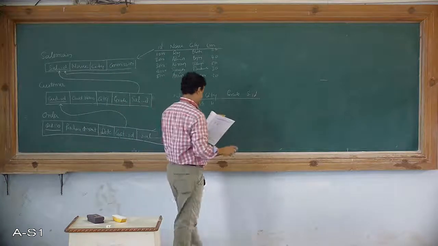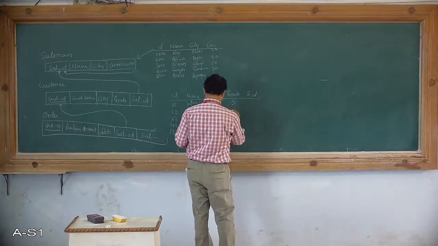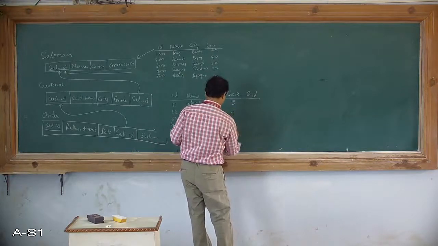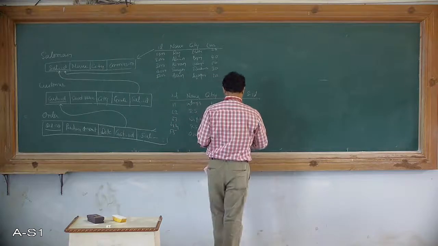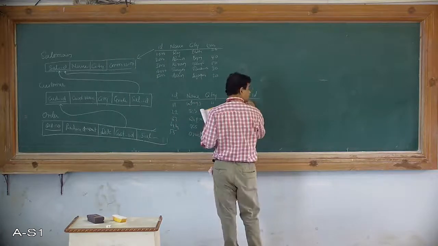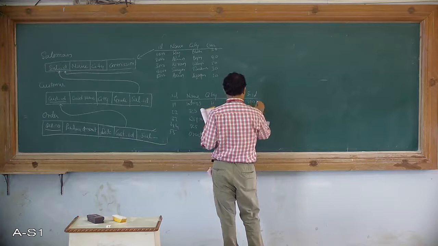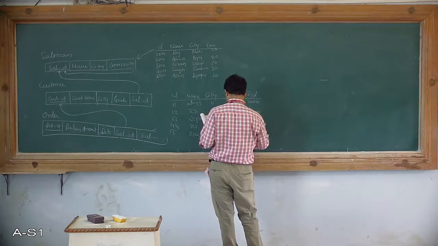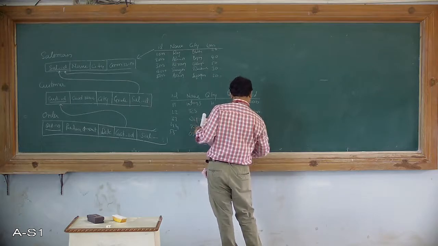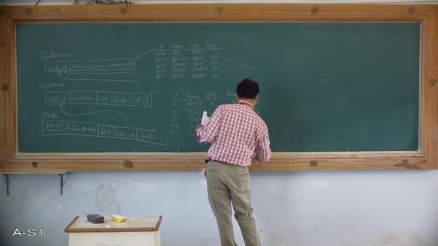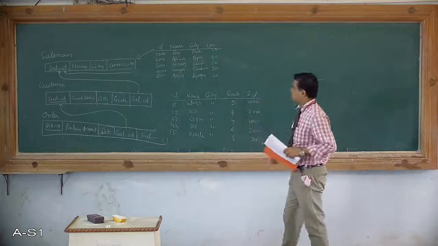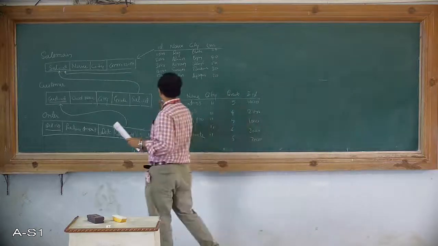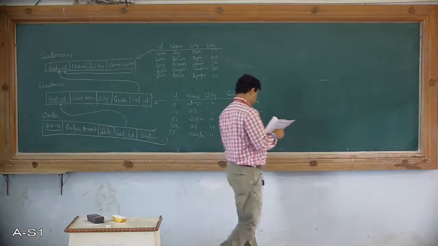We have entered cities. Salesman ID here, 1000, 2000, 1000. So this is the table for customers.